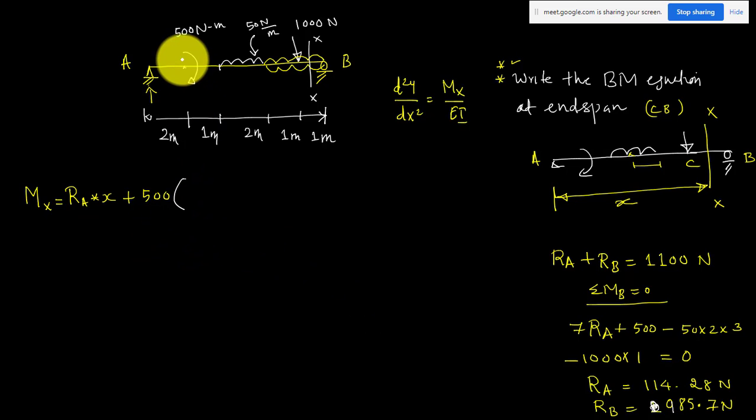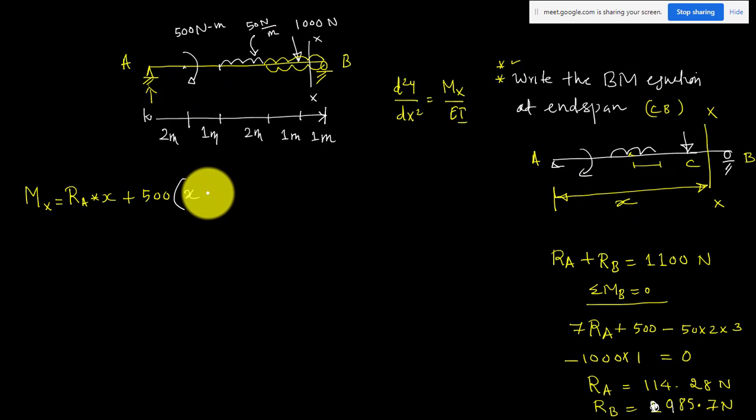So now we have the moment. The moment is only 500, no need to multiply with any distance. But in Macaulay's method, while writing the moment equation, we include a term, the singularity function. This moment is acting at a distance of 2 meter from A, and the section is at a distance x.